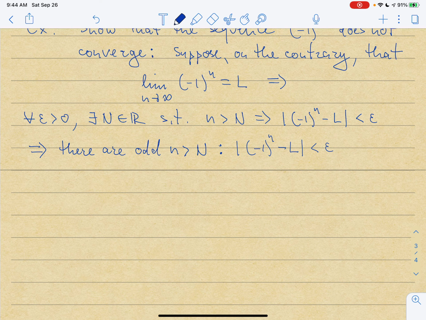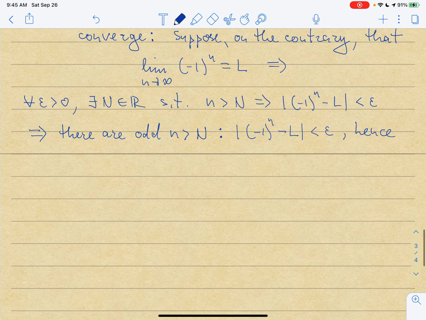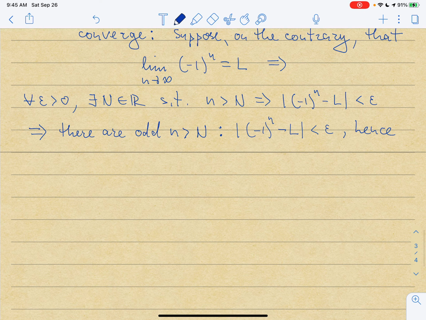And then I can take advantage of the fact that I know what -1 to the odd power is. This would be -1 to the odd power is -1.